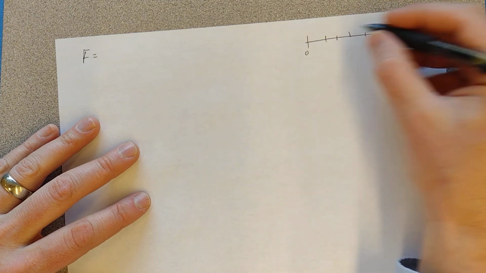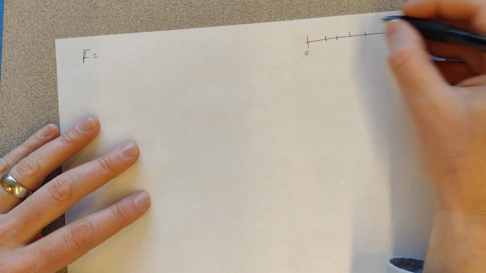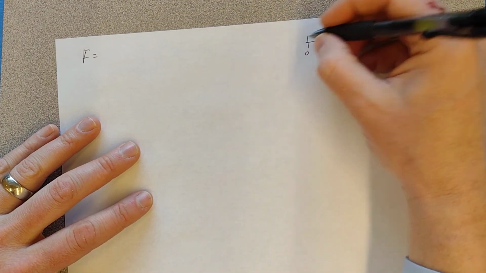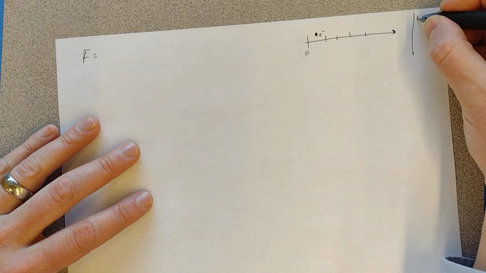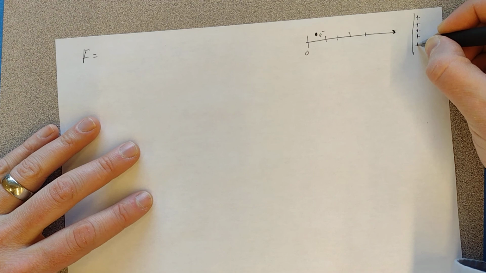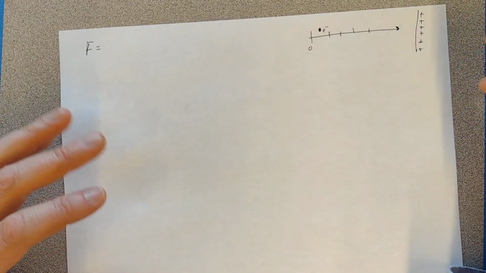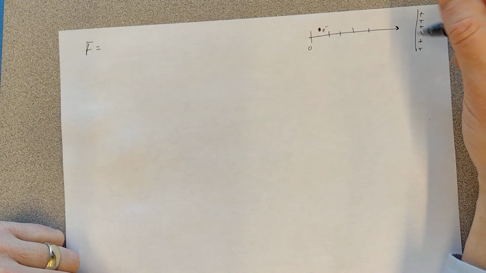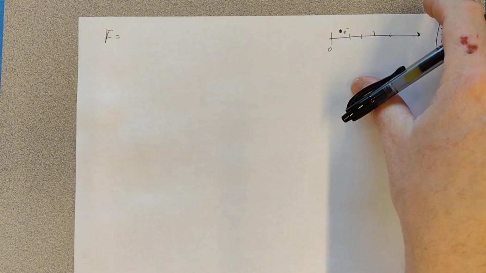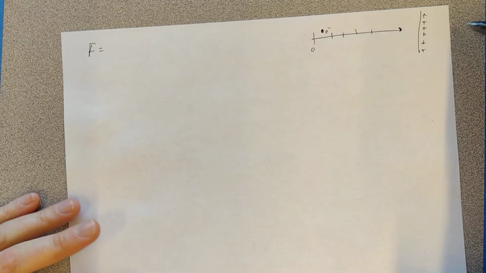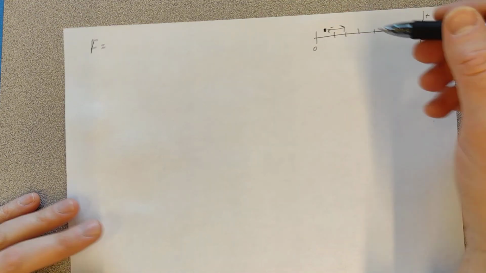And as I move this way, the force gets bigger. So maybe this is an electron floating over here, and this is a big positively charged plate, right? As you get closer to that, the force is going to increase. As the radius goes down, the force increases. Just something pulling on it, so you get closer, the force gets bigger.